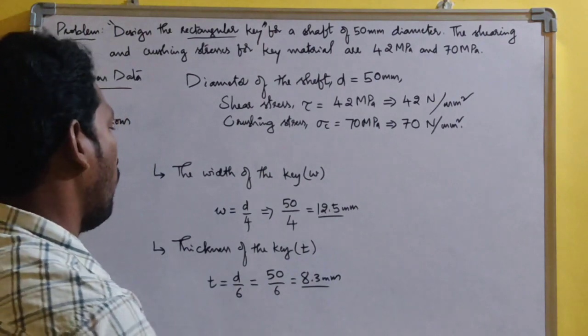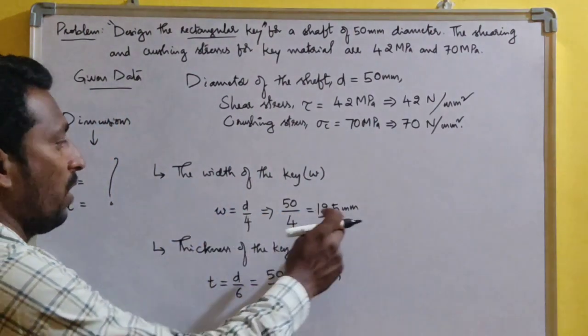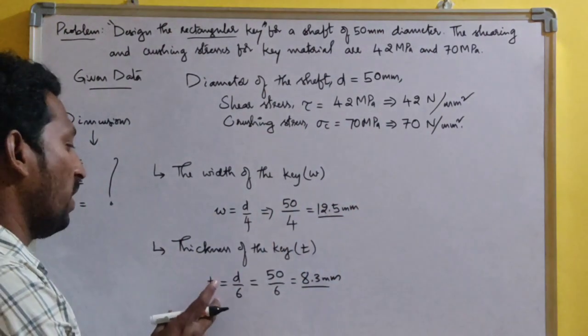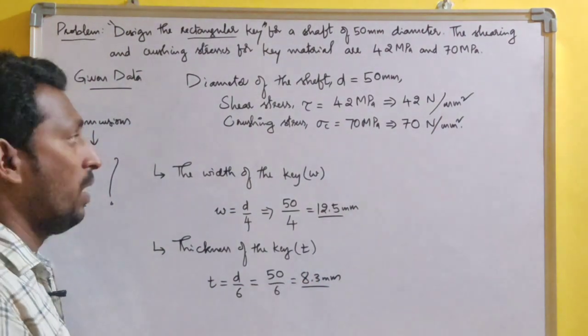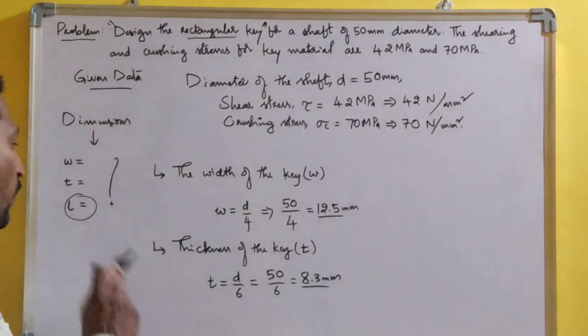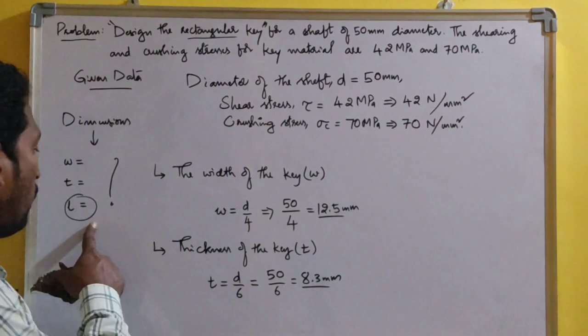Here from the formulas we have already, that is w equal to d by 4, we can find the value of width of the key, that is 12.5 mm, and the thickness value is 8.3. Then the remaining is length.